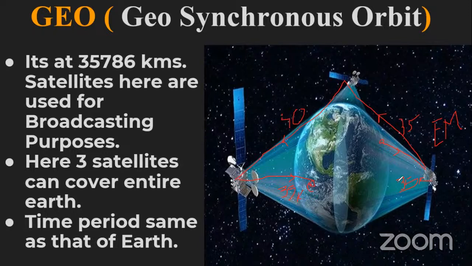And what is the speed of light? 3 into 10 raised to 5 kilometers, that is 3 lakh kilometers per second. So they can travel 3 lakh kilometers in 1 second, and this distance was less than 3 lakh. Therefore, you are able to see me and hear me in real time. And this is happening only because of this geosynchronous satellite.